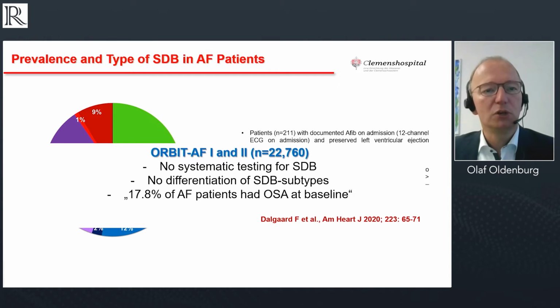So there is no clue about obstructive, central, or mixed sleep apnea. But the main conclusion of these two trials is that about 18% of AF patients might have obstructive sleep apnea at baseline. But again, there's no testing. That's only taking the history or asking for a CPAP machine or something like that within these trials.